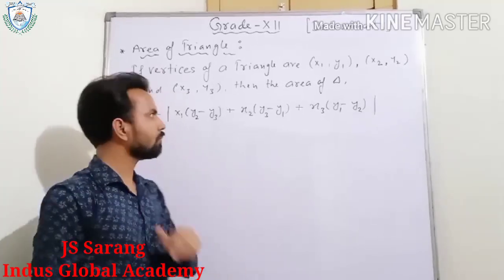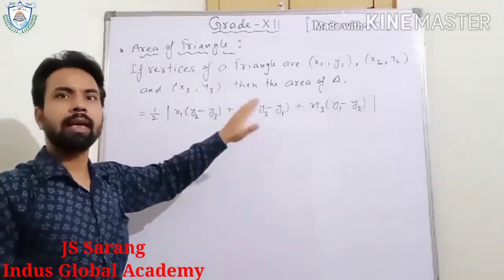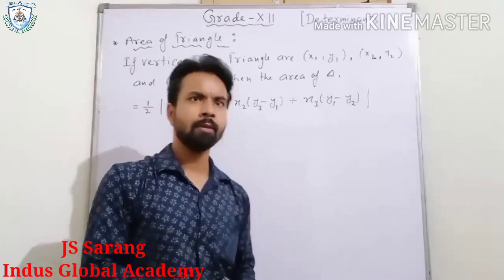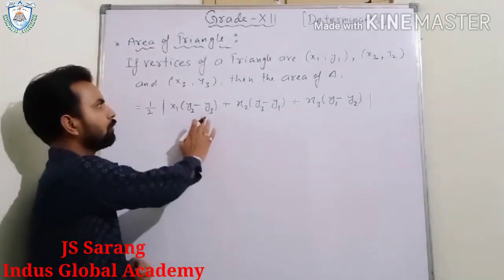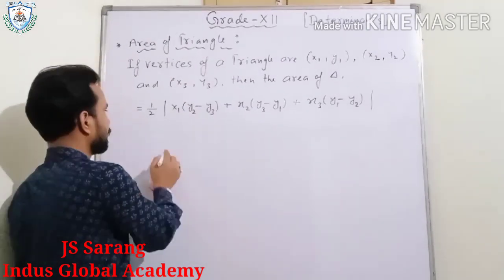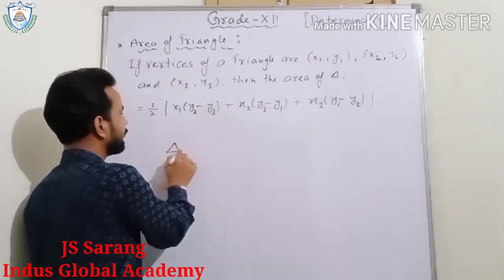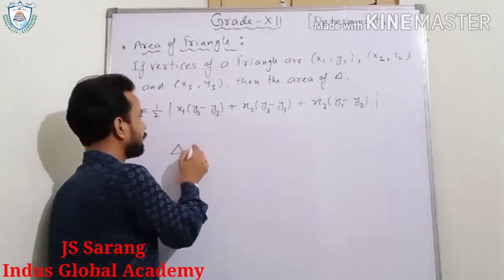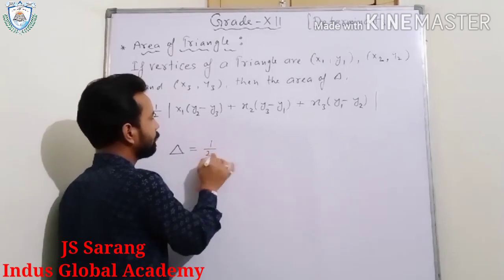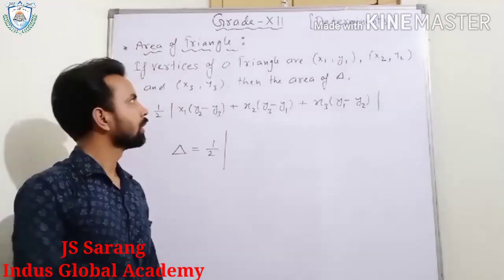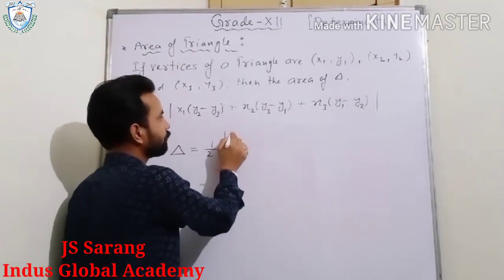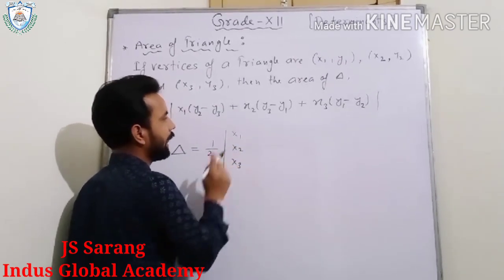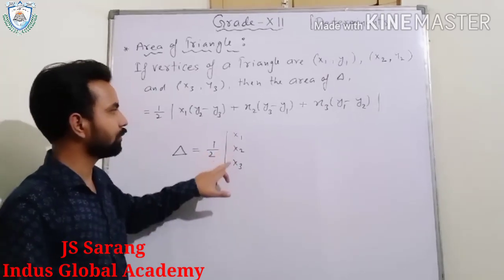But now, this expression can also be expressed in the form of a determinant. The determinant form is: the area of the triangle is denoted by delta. Delta equals 1 by 2 determinant of, in the very first column, we write the x-coordinates, that is x1, x2 and x3.